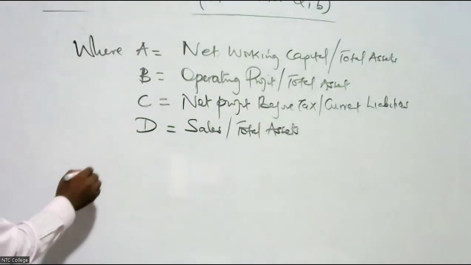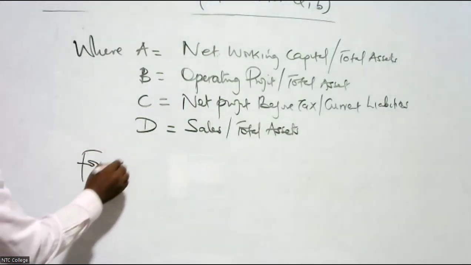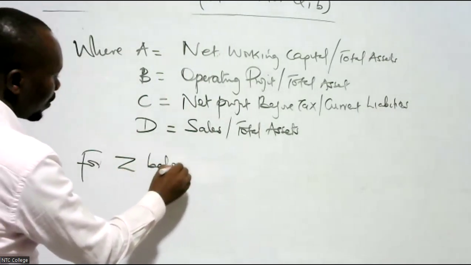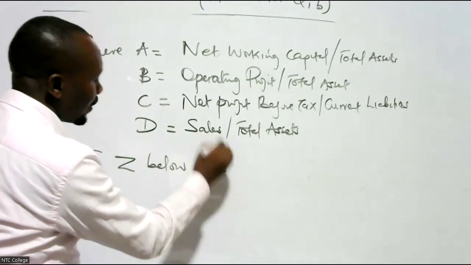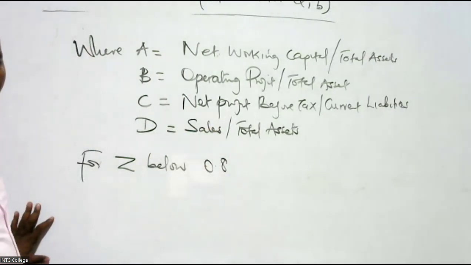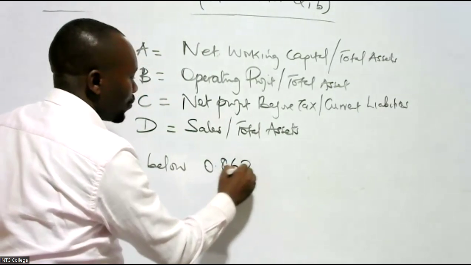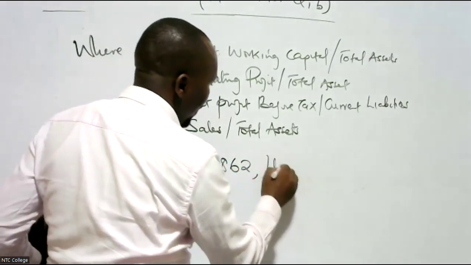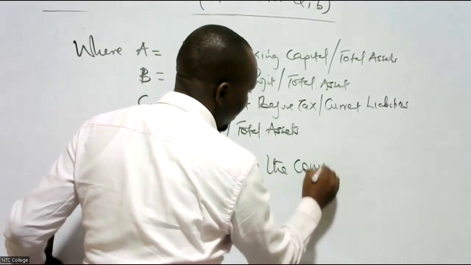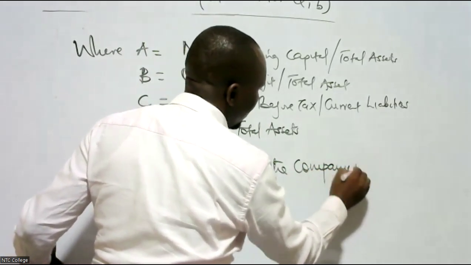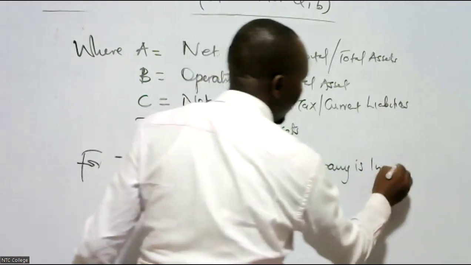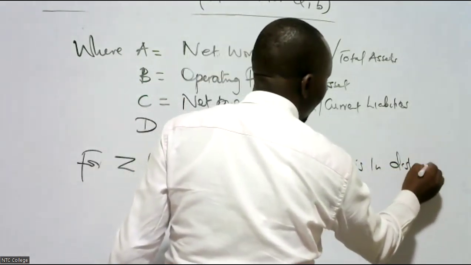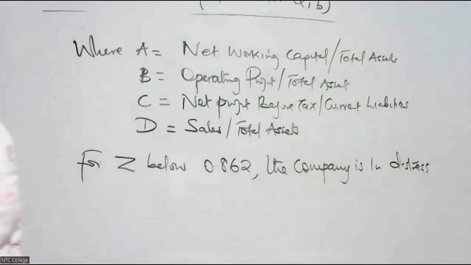With the Springate score, in case you find a Z score below 0.862, the company is in financial distress.